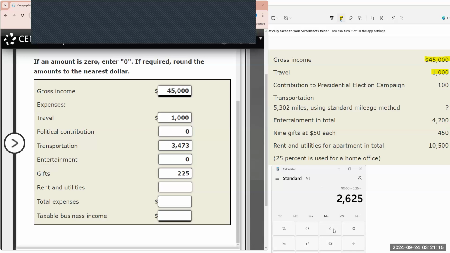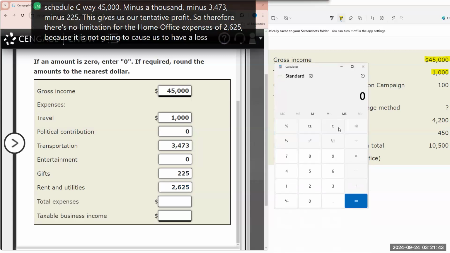And that's why we see on Schedule C, rather, they have tentative profit. So we'll actually do it the Schedule C way. 45,000 minus 1,000 minus 3,473 minus 225. This gives us our tentative profit. So therefore, there's no limitation for the home office expenses of $2,625, because it is not going to cause us to have a loss. So we claim the full amount.